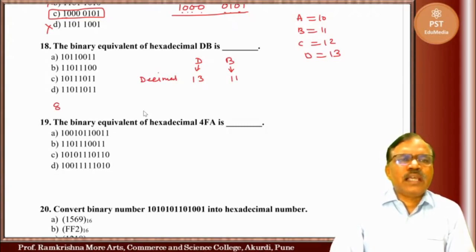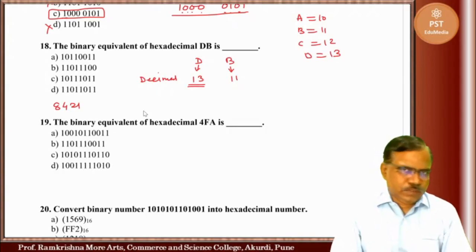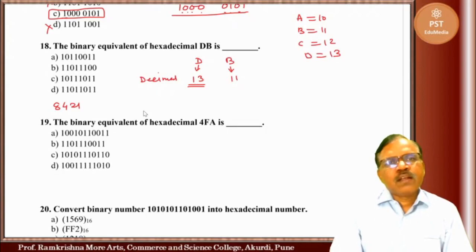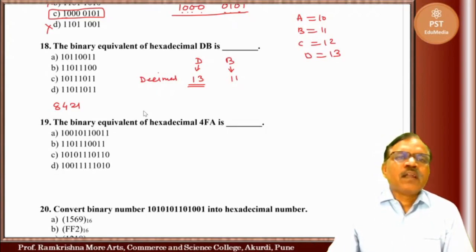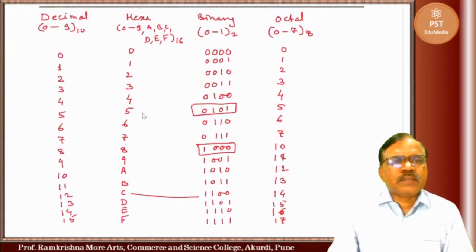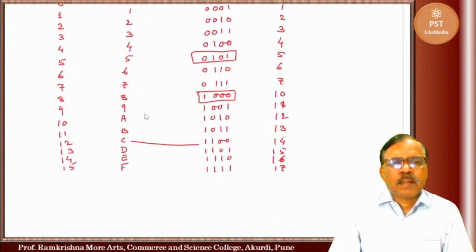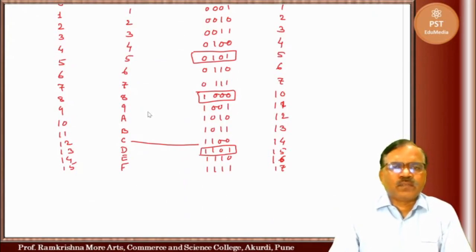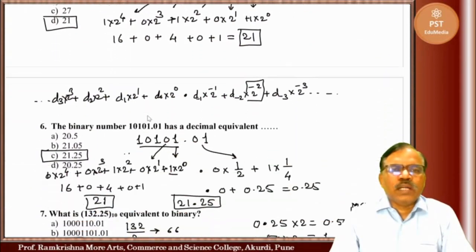Then we use the 8, 4, 2, 1 system and convert each into 4-bit binary. The 4-bit binary for 13 is 1101, and for 11 it is 1011. So 1101.